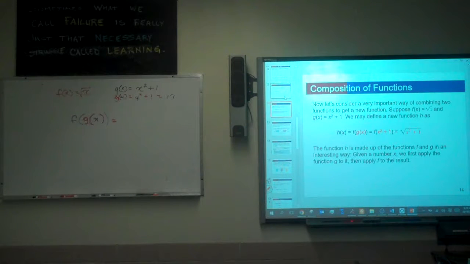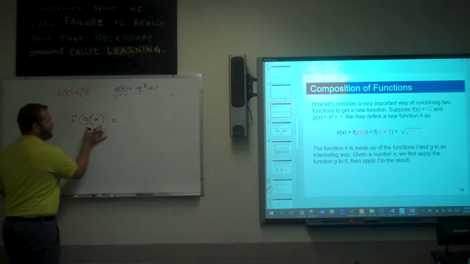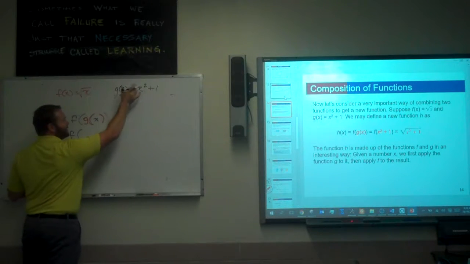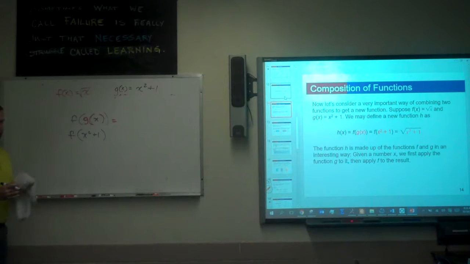So if I don't know an initial input value, this function is going to become my input value. So I'm going to rewrite this as f of, now g of x was x squared plus 1, right? Where that x squared plus 1 before was the 10 or the 17 that we dealt with. We just don't know what x is, so we don't know specifically, is it 10, is it 17, is it 26 or something like that.